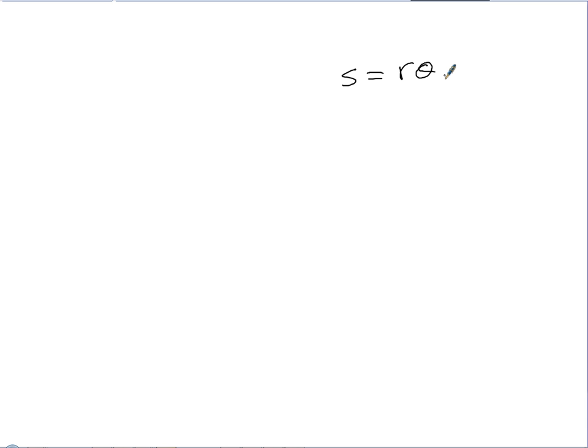So on a unit circle, we let r equal 1. Then the arc length is just equal to theta, right? If we want to establish some way to measure theta, we ask what the arc length would be corresponding to going all the way around once. That arc length would be the circumference, 2 pi.